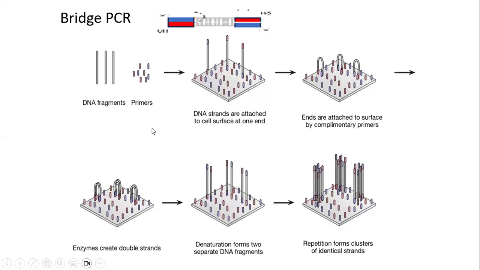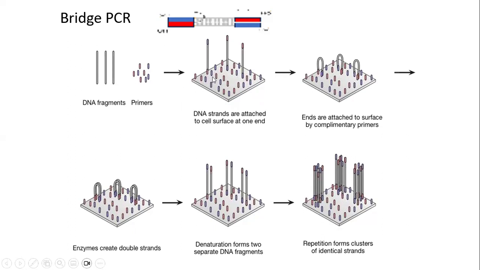Here we first need to have the chip on which the primers are immobilized, and then we add DNA on the surface of the chip. The dilution of the DNA should be appropriate so that each DNA fragment attaches to different cells on the surface of the chip.